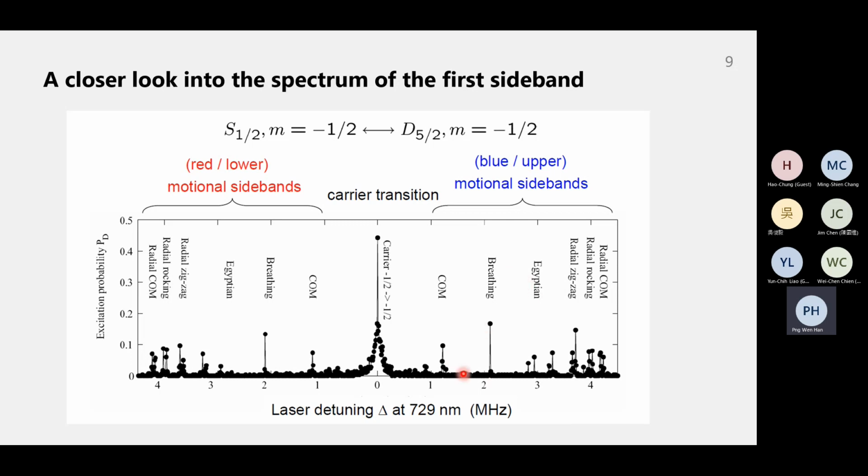Like I said before, when you have 3 ions, you have 3 axial modes, followed by 3 radial modes. And this is what the experimentalists did with frequency sweeping. They sweep across the megahertz regime, and found that the sidebands exist in this 3-ion system.